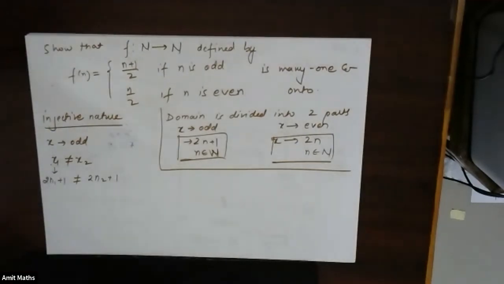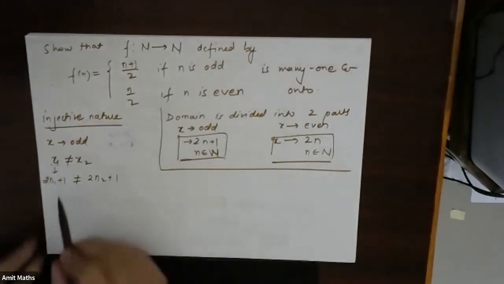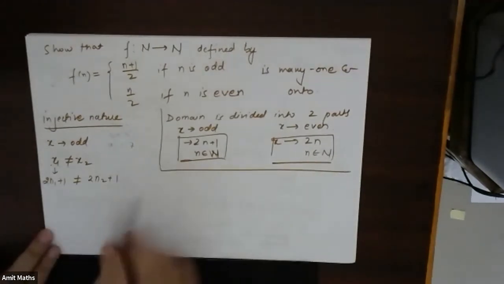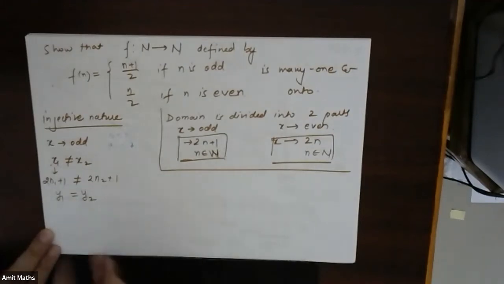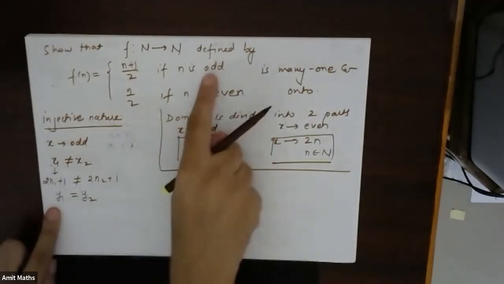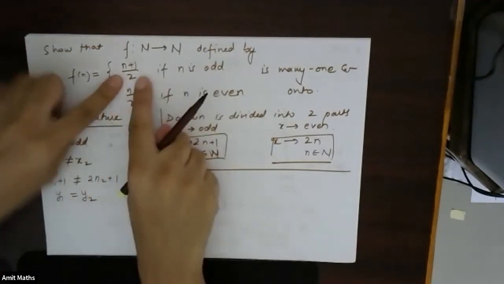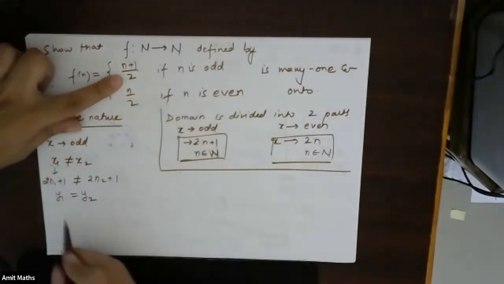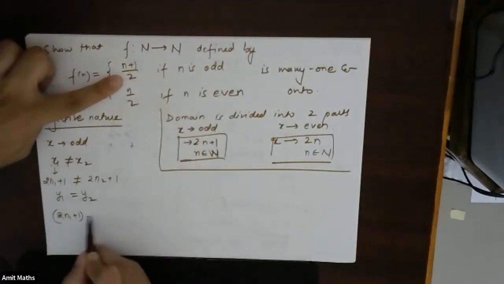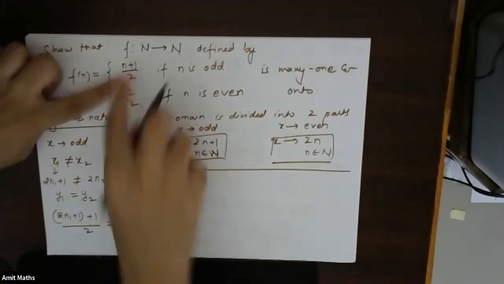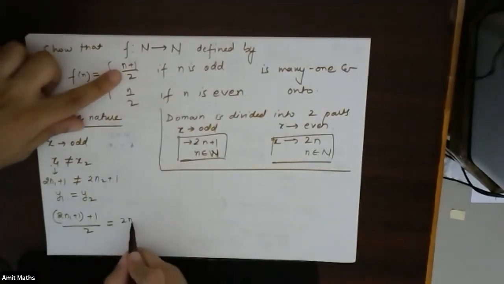Now to check whether this is injective or not, I will take y1 equals y2. If n is odd, this will be the function y. So instead of n, I substitute 2n1 plus 1, plus 1, by 2, equals 2n2 plus 1, plus 1, by 2.